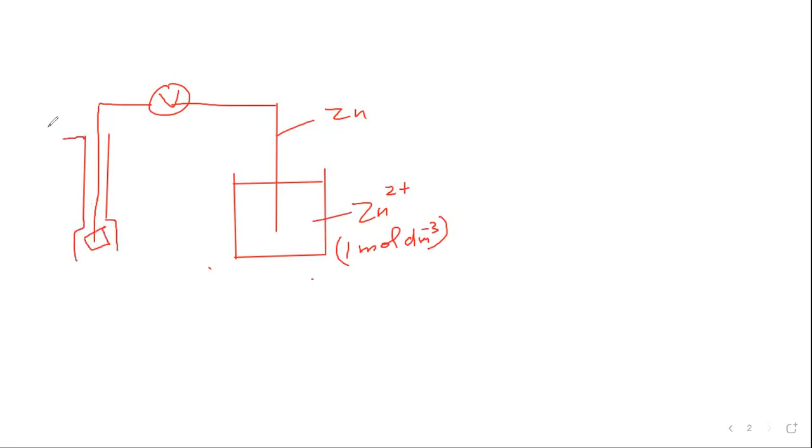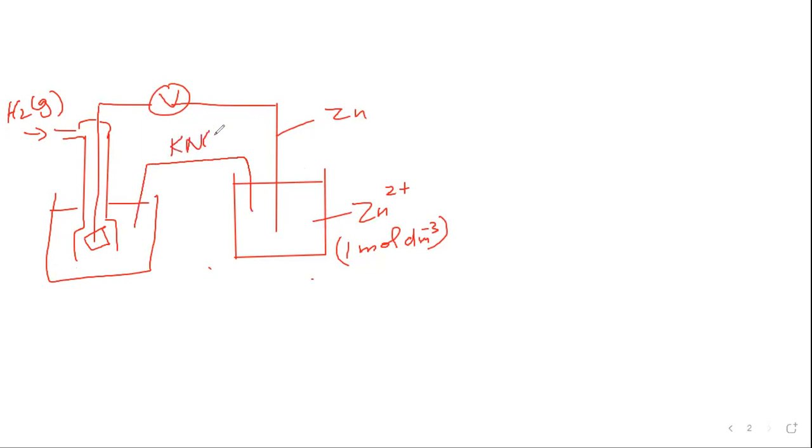We pass hydrogen in that way because hydrogen is a gas, so we cannot connect it directly to a half cell. That's why we use this hydrogen electrode connected to the zinc ions electrode via a potassium nitrate salt bridge.